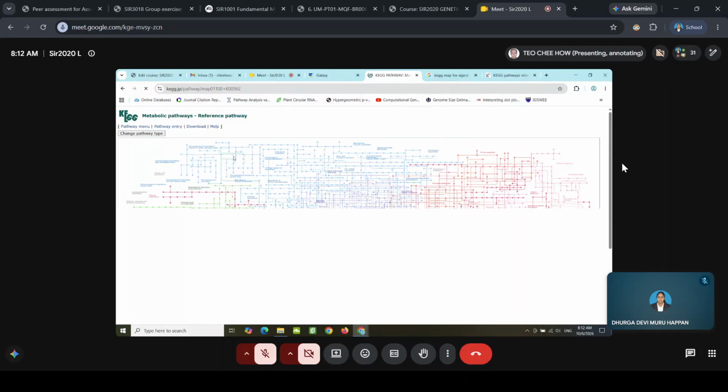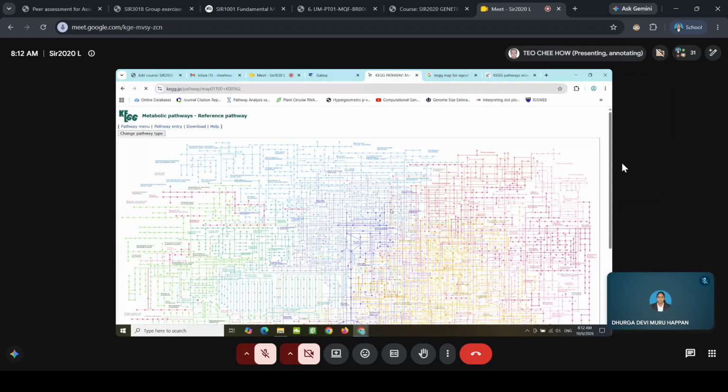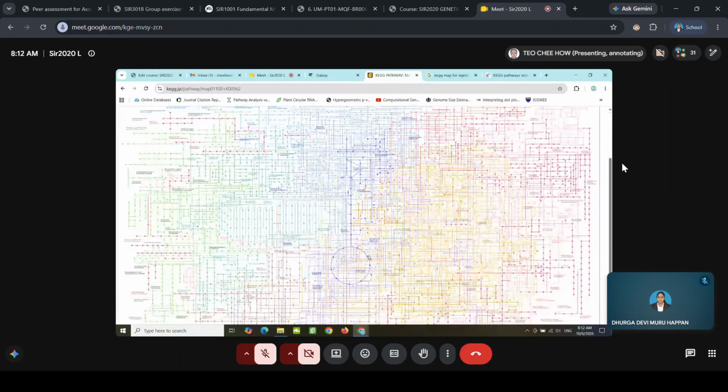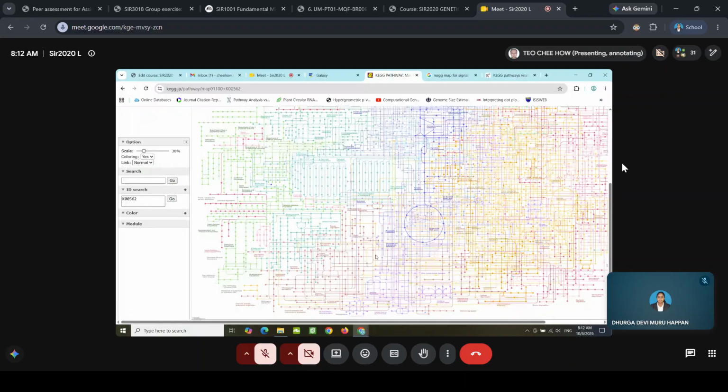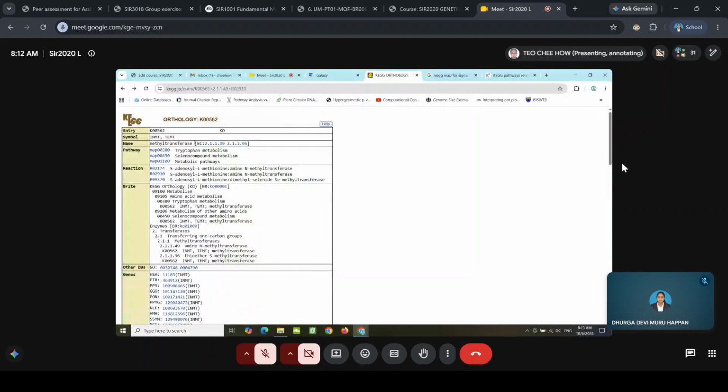You see, they are involved in the entire metabolic pathway, I mean, all the metabolic pathways of an organism. So you can see they are so complex. There is more than one pathway. So you have the Krebs cycle and all the others here, right? So this is the entire pathway. And then you can break it down to smaller ones, tryptophan and others, right?